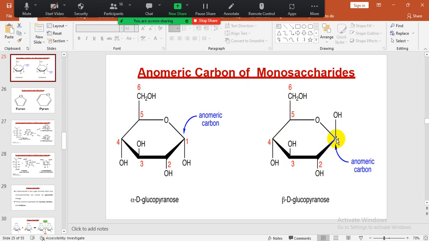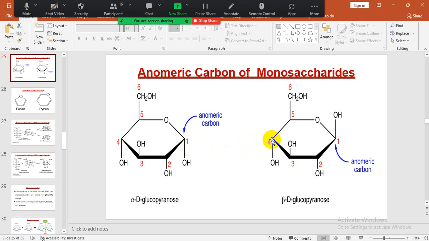So this is carbon 1. The OH group, where is it pointing? Up. Upwards. Okay. Prosper, the OH group over here, where is it pointing?